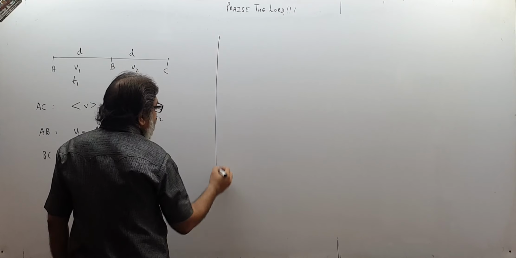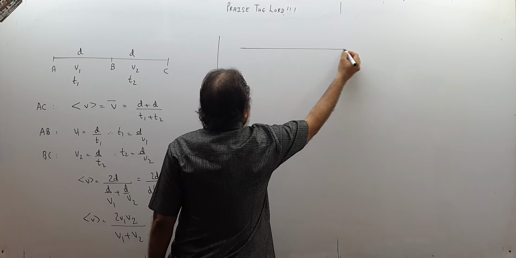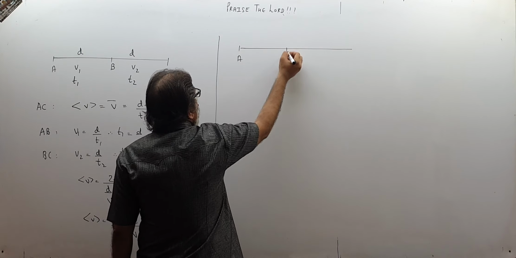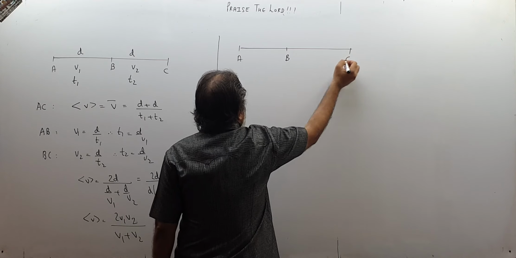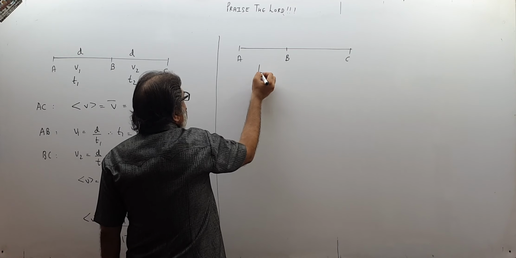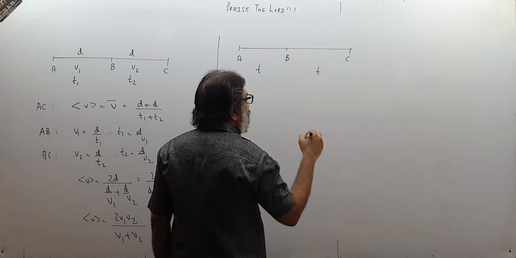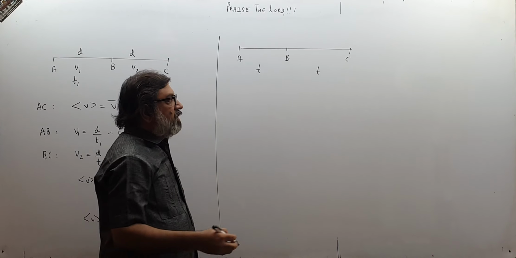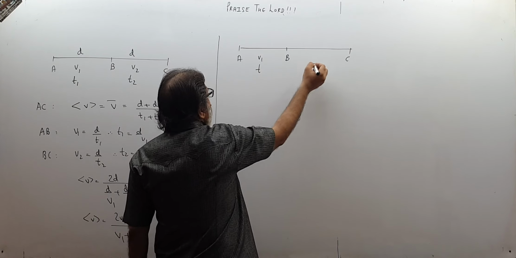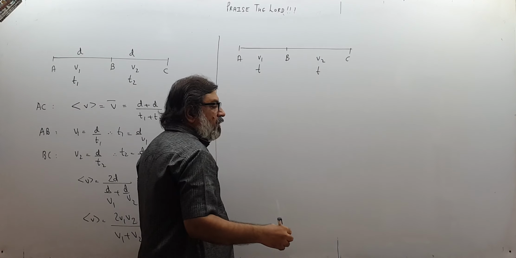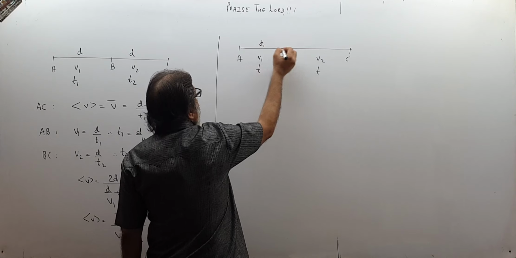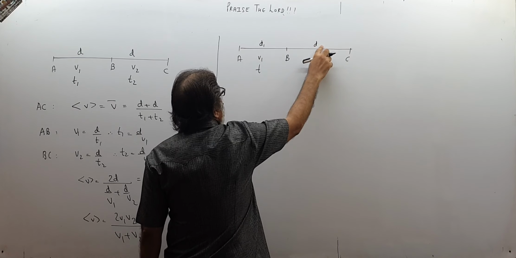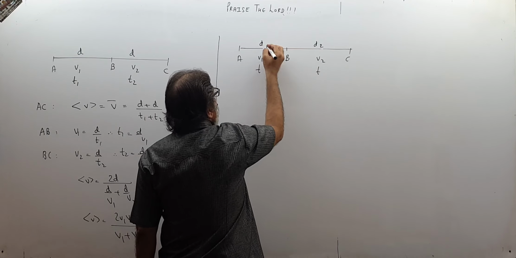Now consider the second case, when the body goes from A to B and from B to C. Now here the times are equal, T and T. It takes the same time to go from A to B and from B to C. Here the speed is V1 and here the speed is V2. So distances won't be equal because, let me give an example.